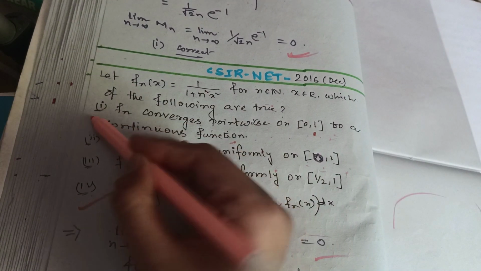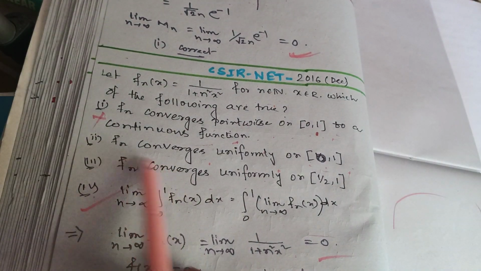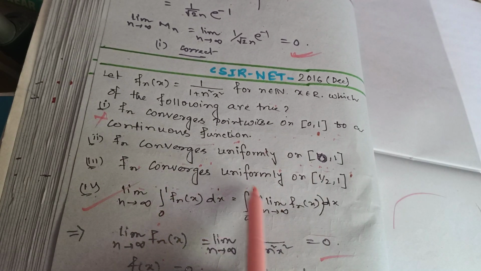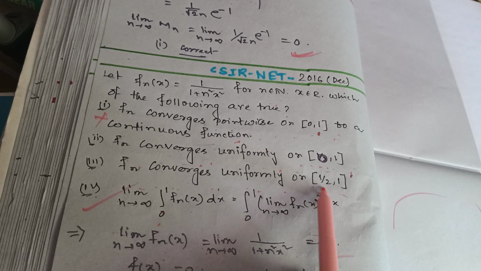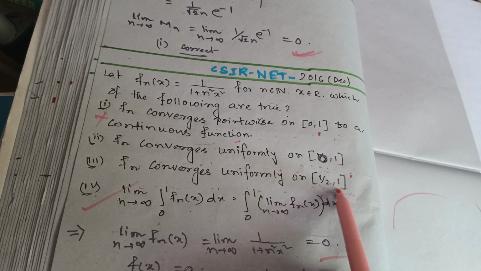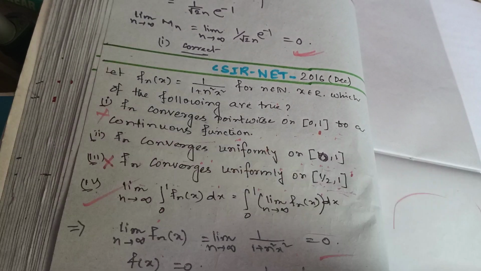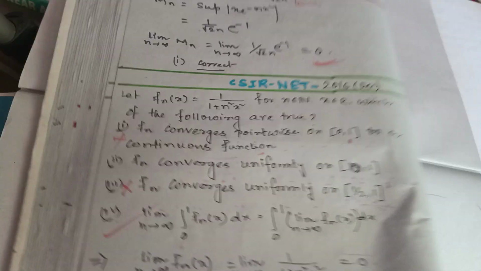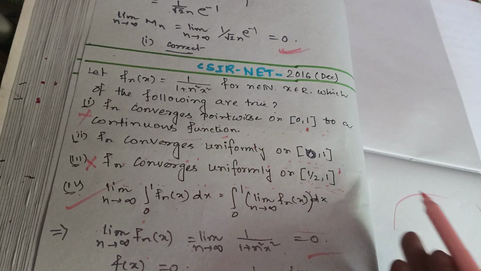This is our incorrect option. Fn converging uniformly on closed interval 0, 1 is not true, and fn converging uniformly on closed interval half to 1 we check next.